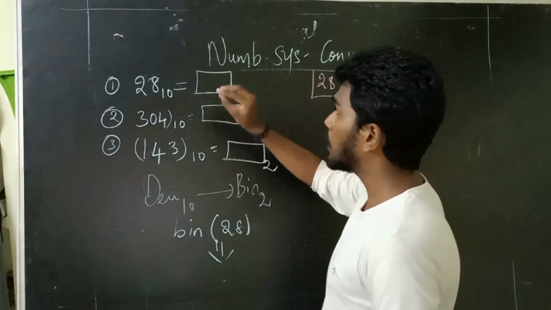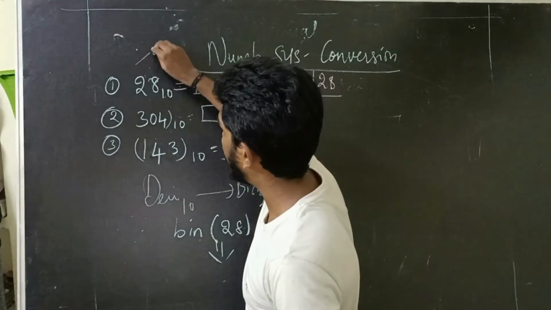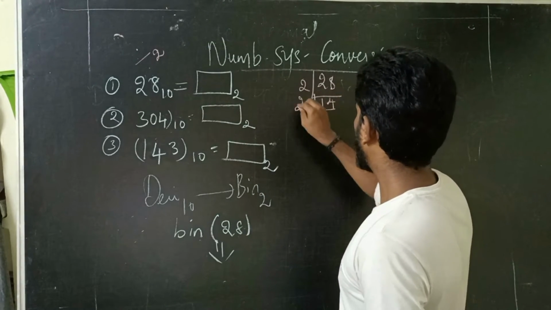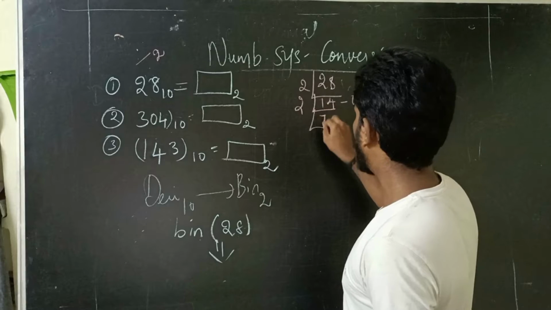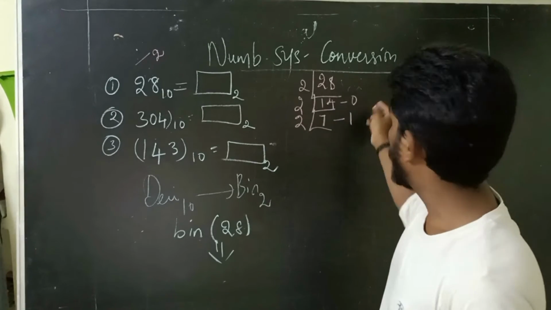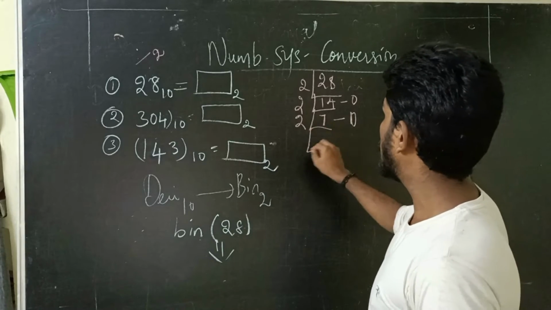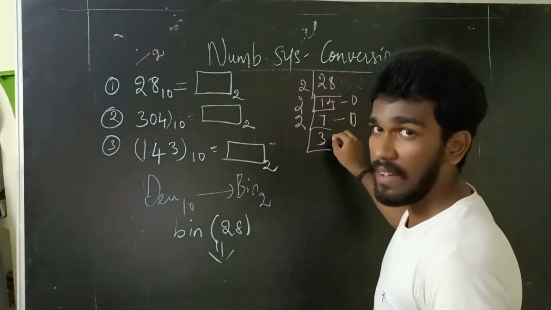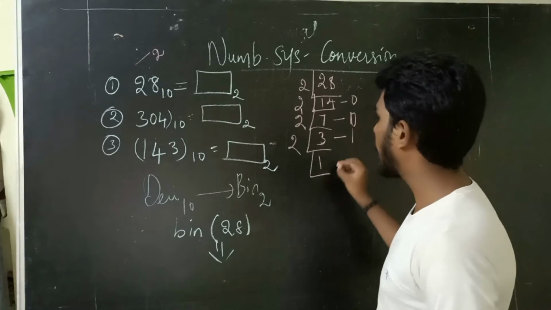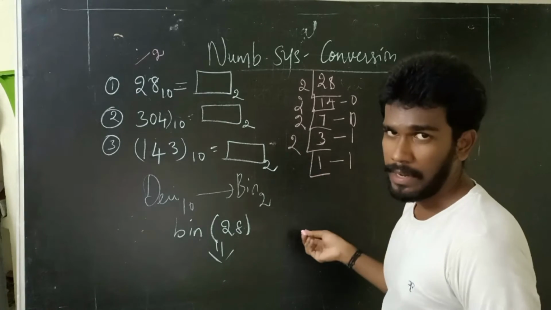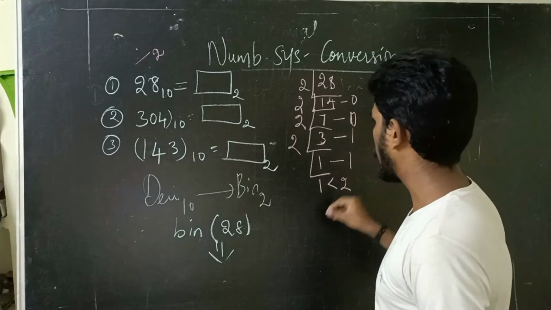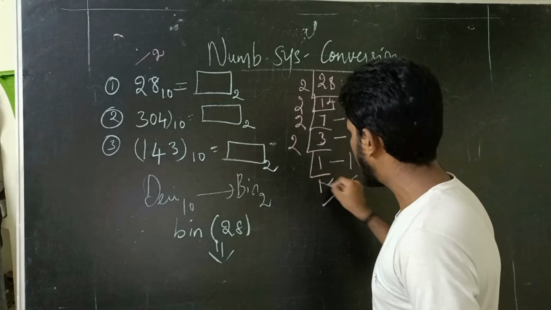Always divide these numbers by 2. 2 1s are 2, 2 4s are 8, remainder is 0. 2 7s are 14, remainder is 0. Then 2 3s are 6, remainder 1. 2 1s are 2, again remainder 1. Nothing more can be done because 1 is less than 2, so our division stops.